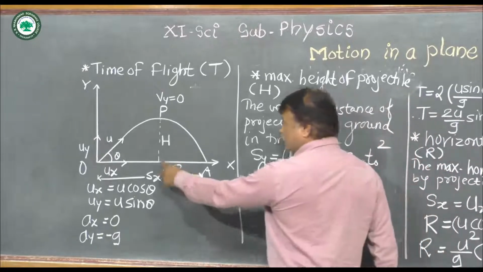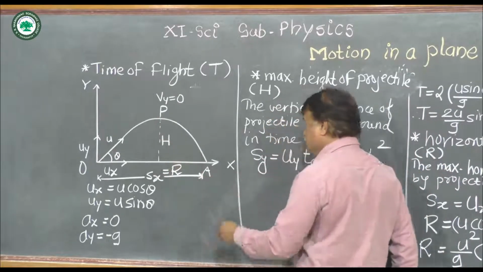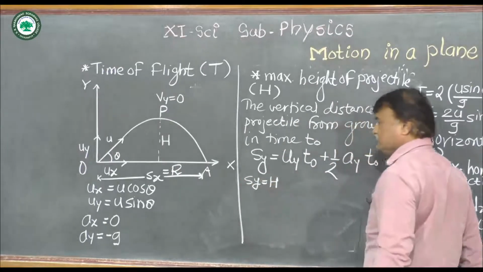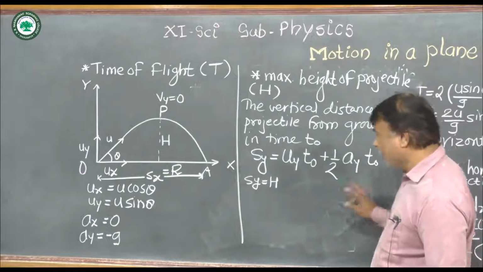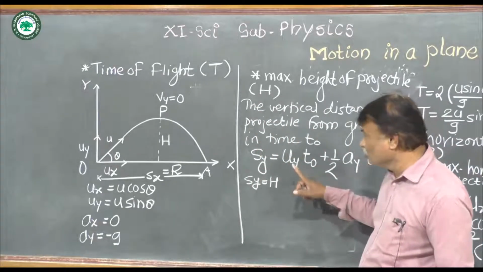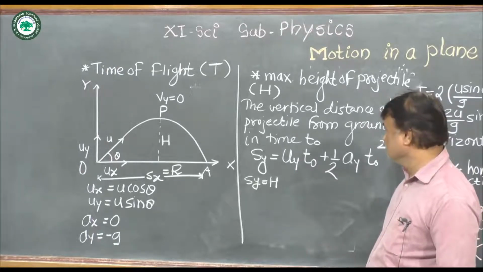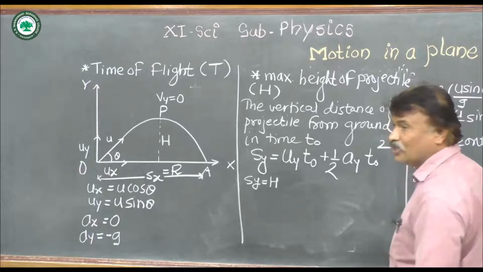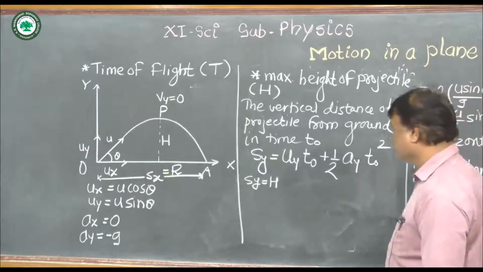Now see here, this vertical distance is h. So we write Sy is equal to h. Ay is equal to minus g. Uy is equal to u sin theta. And we know that t0 is equal to u sin theta upon g.